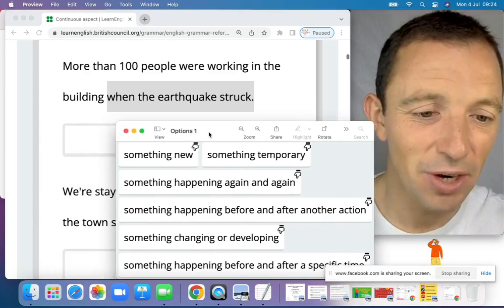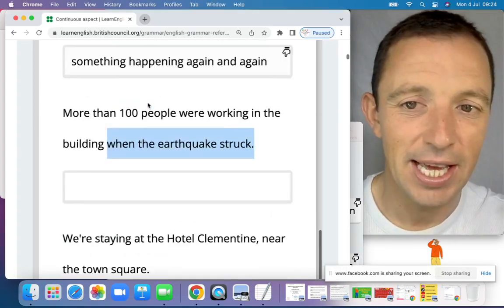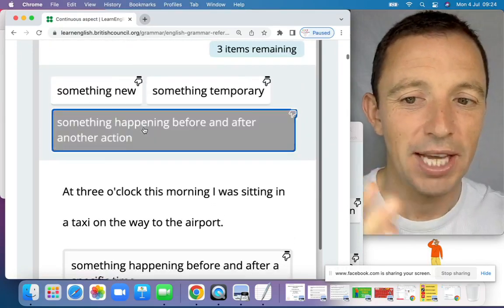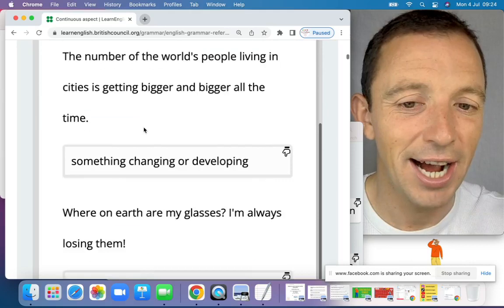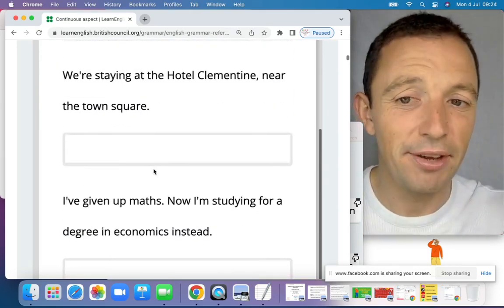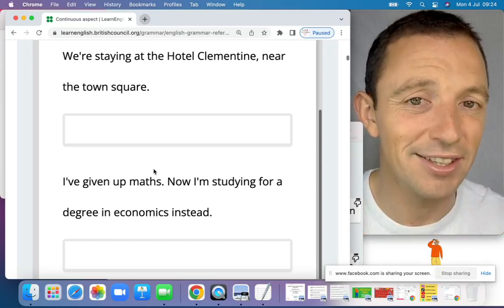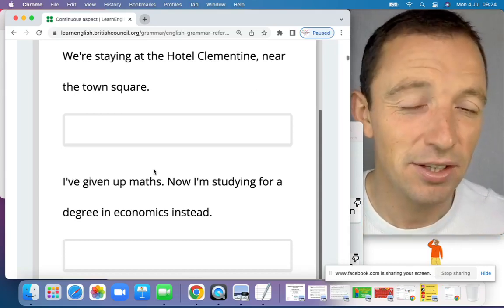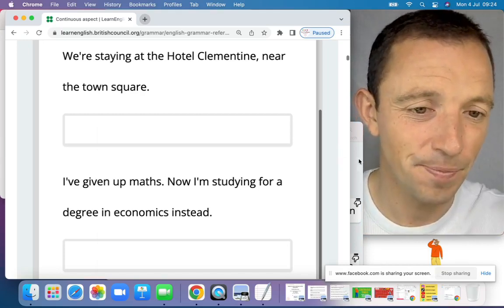So again, I think the correct answer here is, we can see, something happening before and after another action, I think. What do you think? And it's a good opportunity for you to put the answers in the comments during this lesson, because it's better to be interactive if possible.